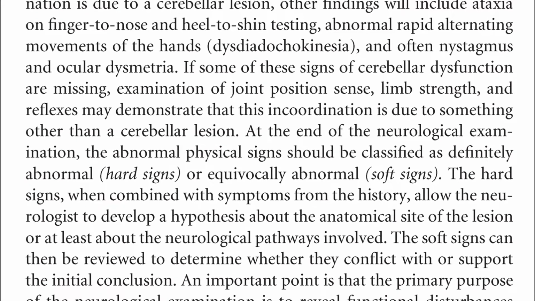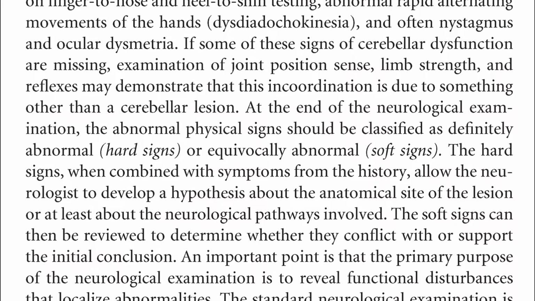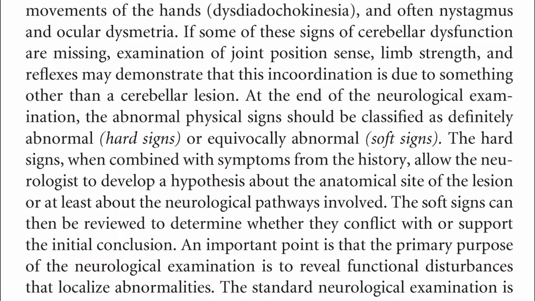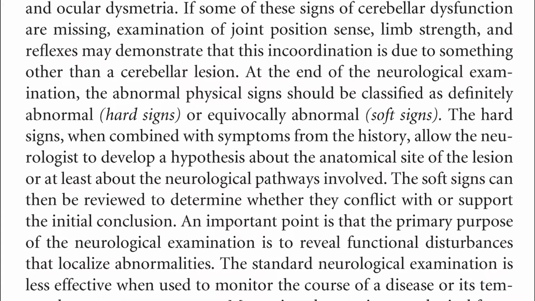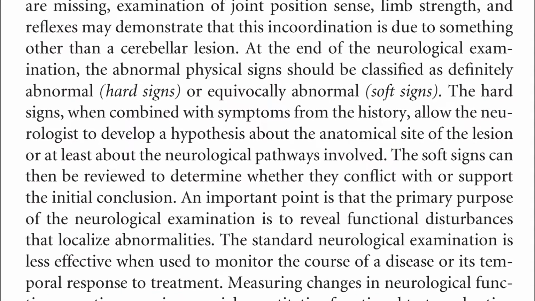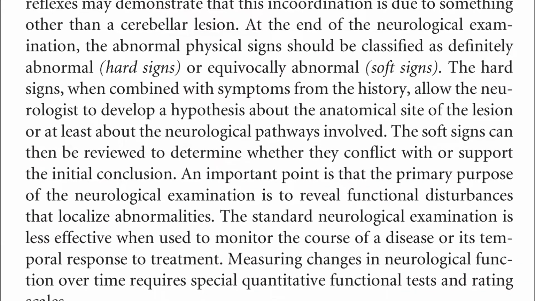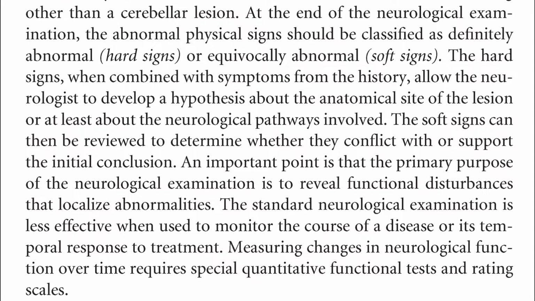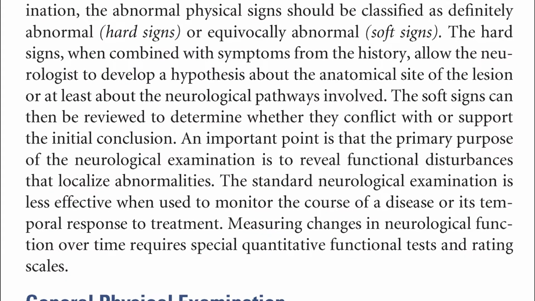At the end of the neurological examination, the abnormal physical signs should be classified as definitely abnormal, hard signs, or equivocally abnormal, soft signs. The hard signs, when combined with symptoms from the history, allow the neurologist to develop a hypothesis about the anatomical site of the lesion or at least about the neurological pathways involved. The soft signs can then be reviewed to determine whether they conflict with or support the initial conclusion.